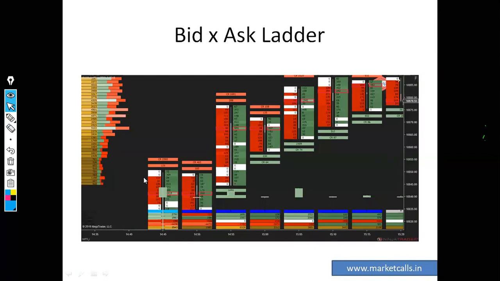So first, let's look into the bid and ask ladder type. It's the same blocks, but you'll be seeing a lot of greens and reds. On the buying side, you'll be seeing a lot of greens, and on the sell side, a lot of reds. Wherever the orders are coming big, you'll be seeing lighter shades.